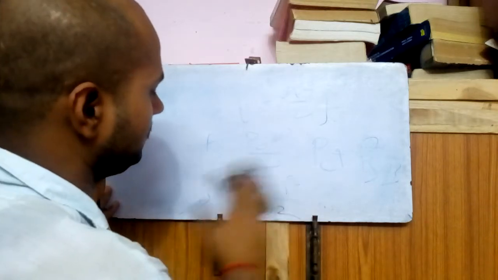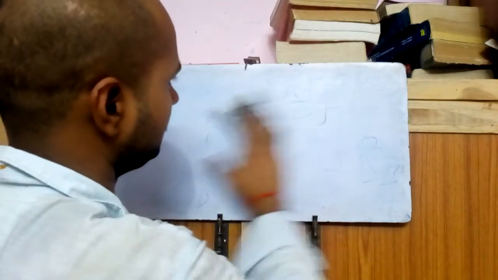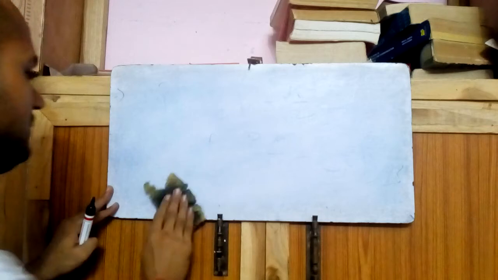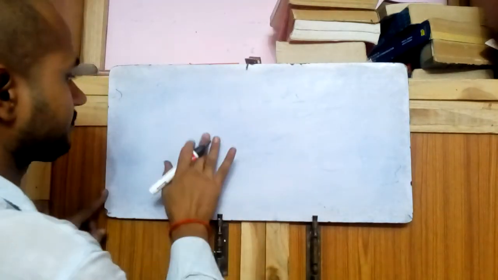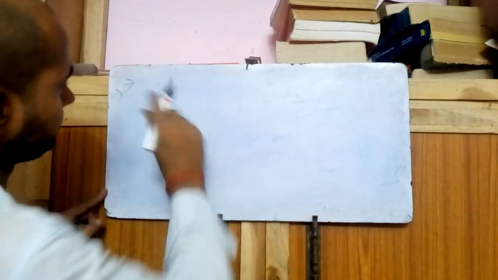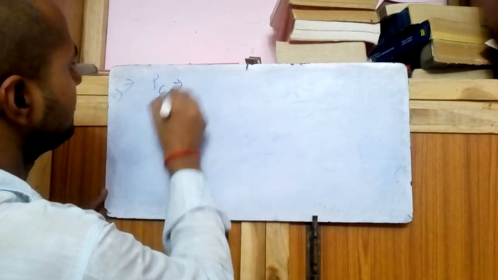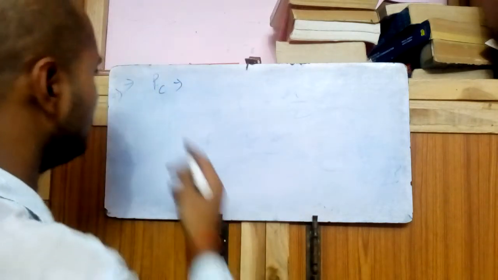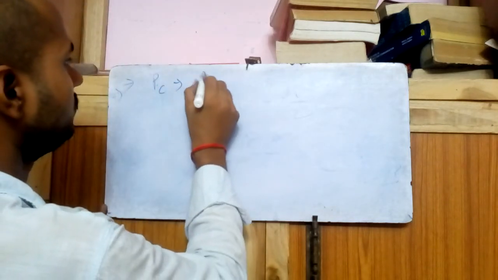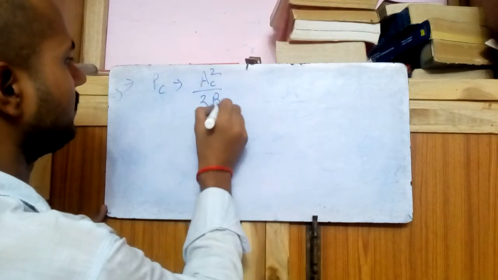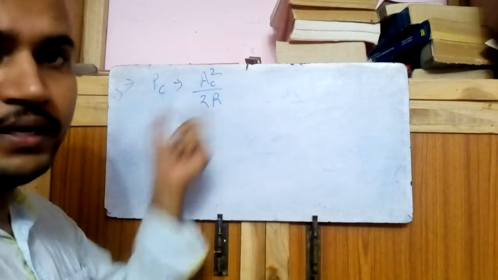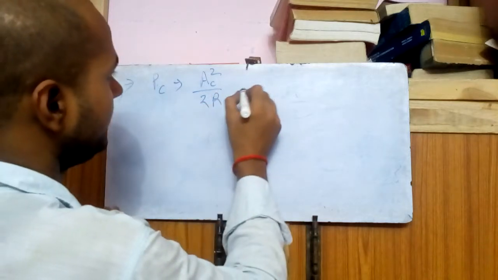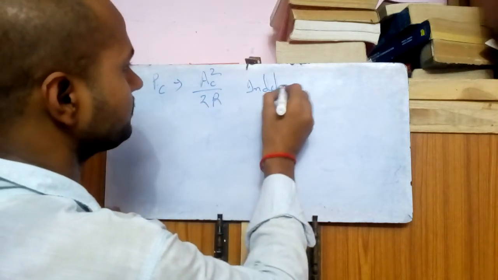Now start the subject for this video. We know that Pc is independent of mu. How? Pc is equal to Ac square by 2R. Here there is no mu component, so it is independent of mu.